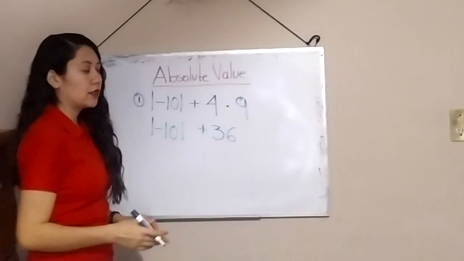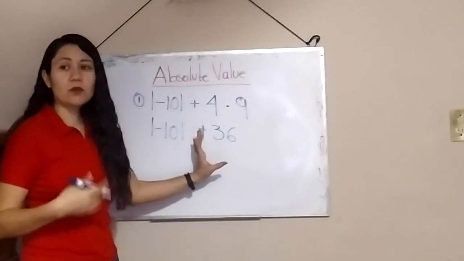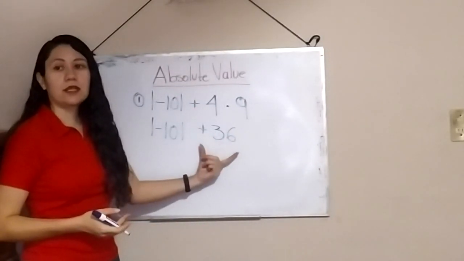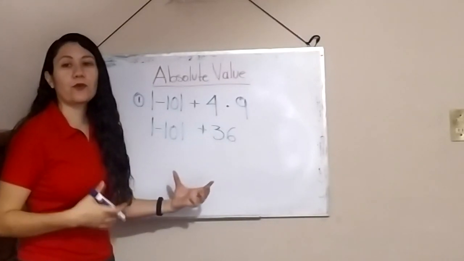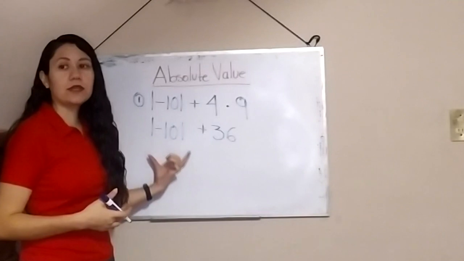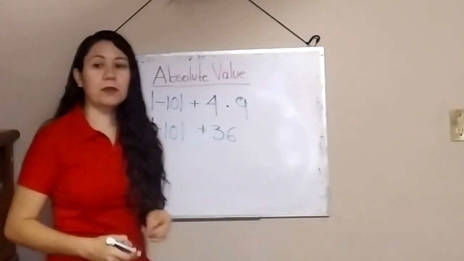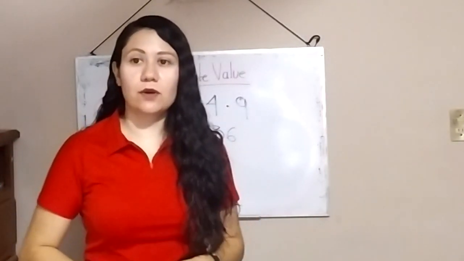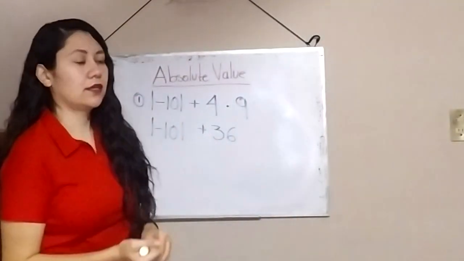Now, before we do the addition, we are going to find the absolute value of -10. How many places away from 0 is -10? 10 places.